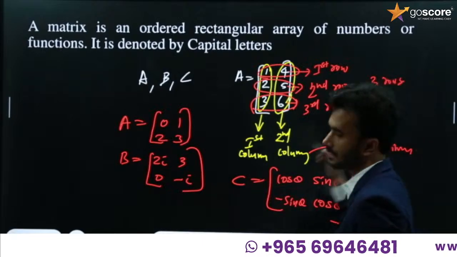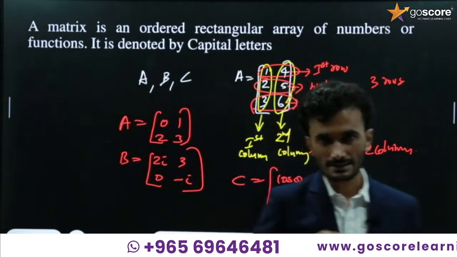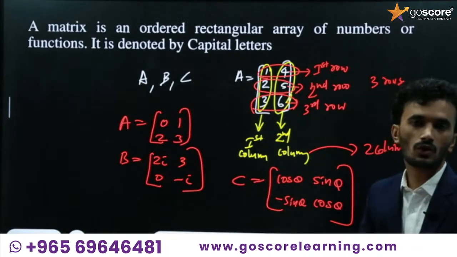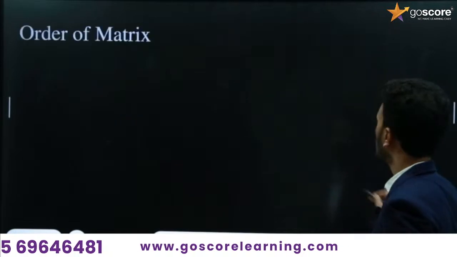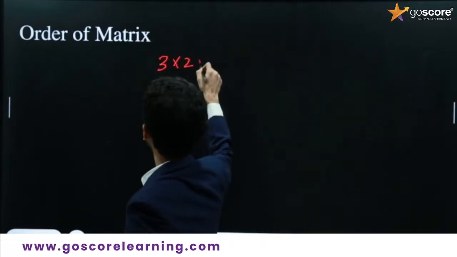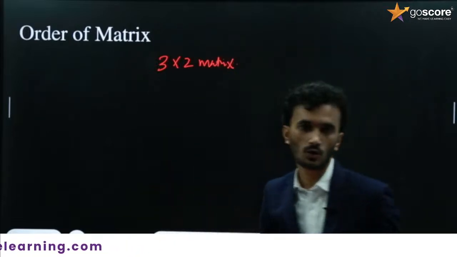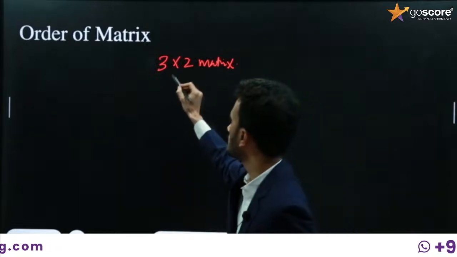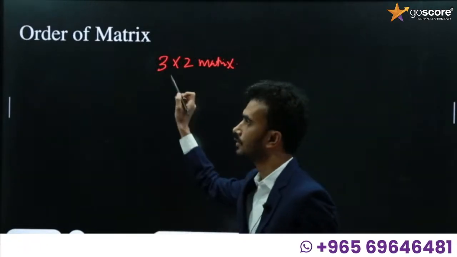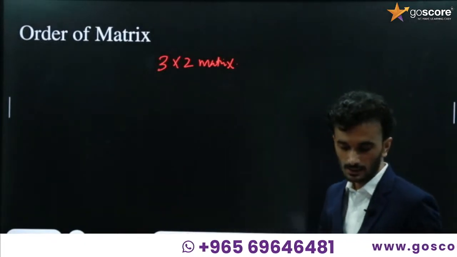In this first example, there are 3 rows and 2 columns. So we can represent that as a 3 by 2 matrix. First we count the rows, then we count the columns. So we say it is a 3 by 2 matrix.